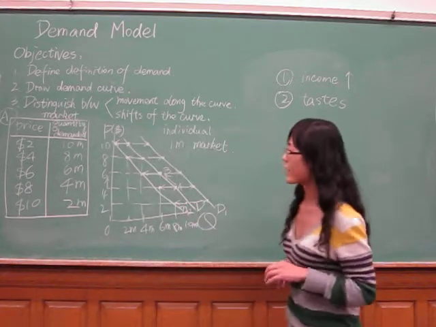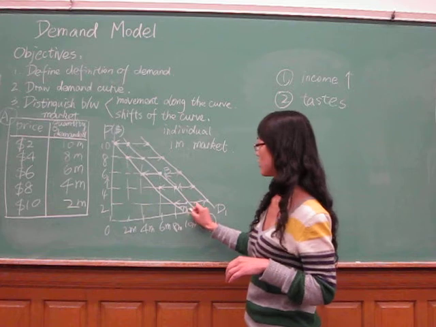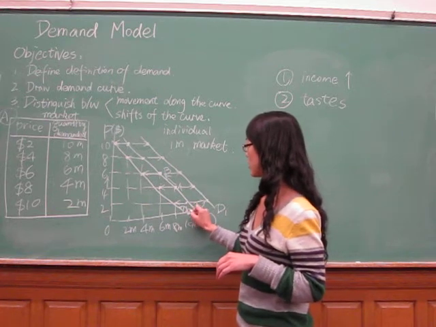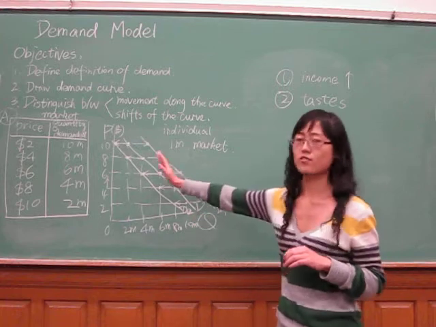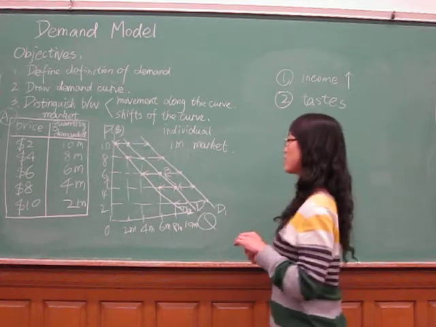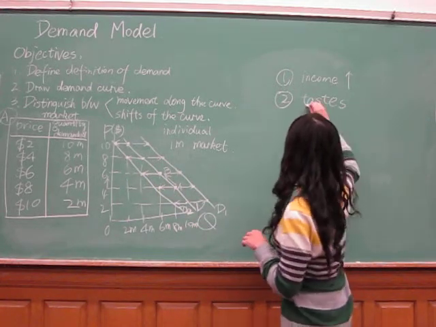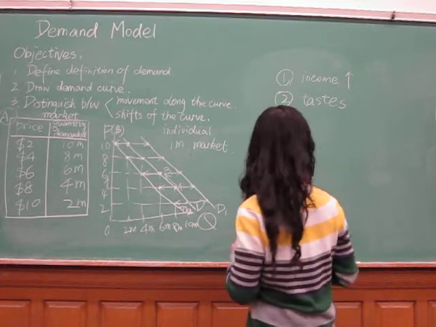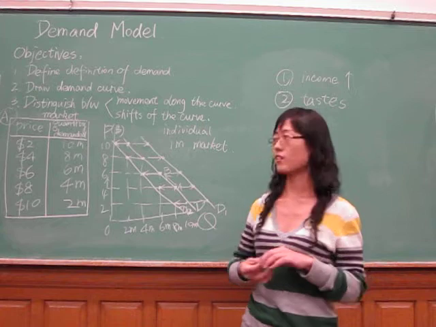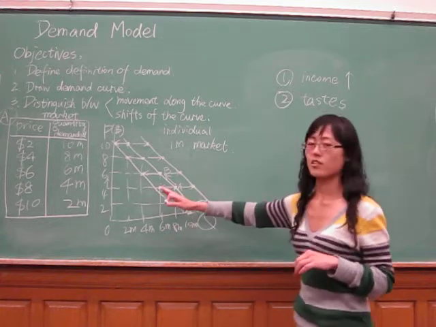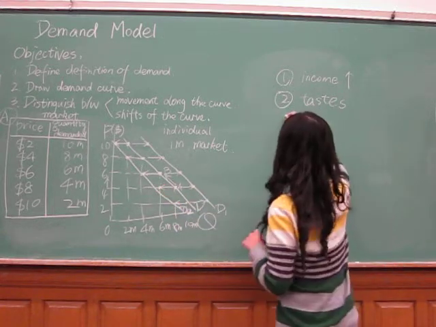And we will get another demand curve, resulting from the original curve shifting to the left. Okay. So when people's taste changes against the good, the demand curve will shift to the left.